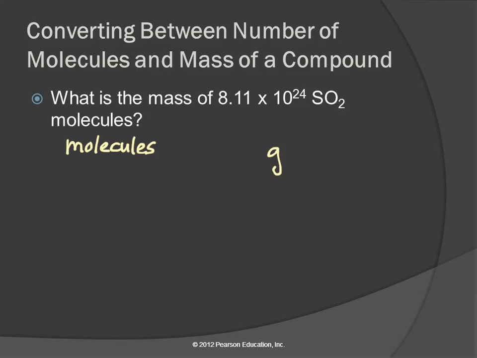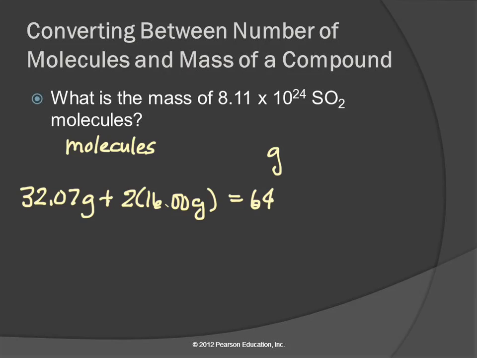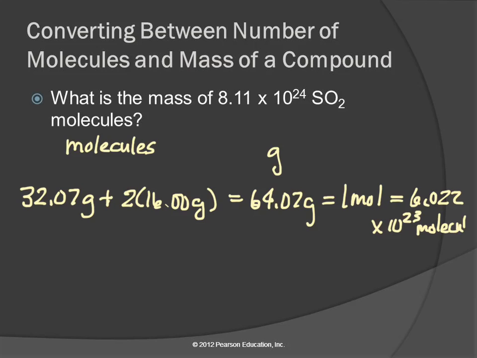So we've got 1 mole of sulfur is 32.07 grams, and 2 moles of oxygen. Those are each 16 grams. 64.07 equals 1 mole. How many molecules is that? 6.02 times 10 to the 23rd molecules.